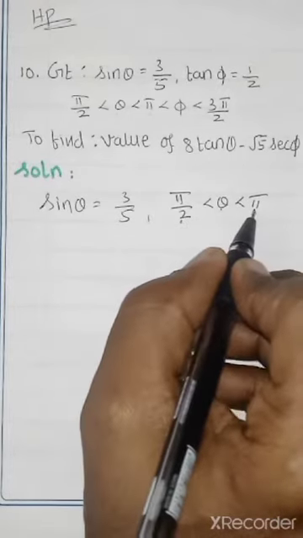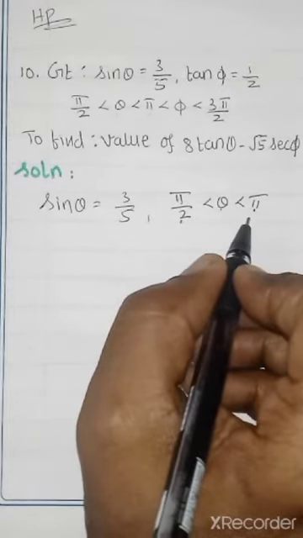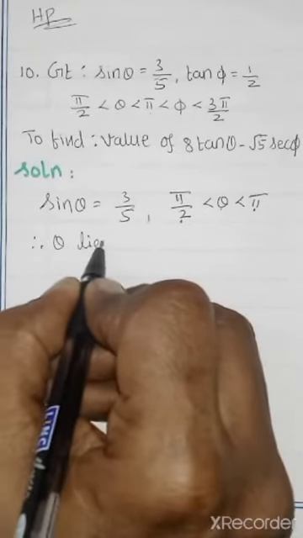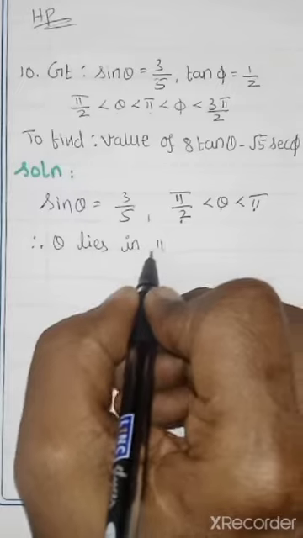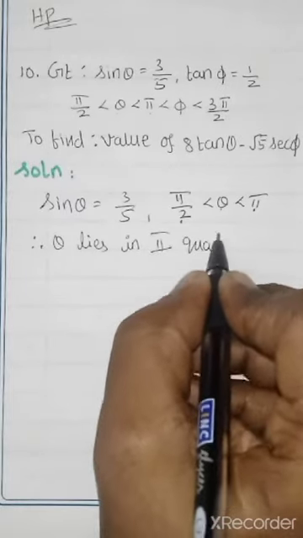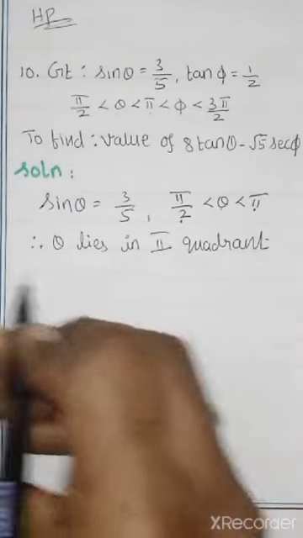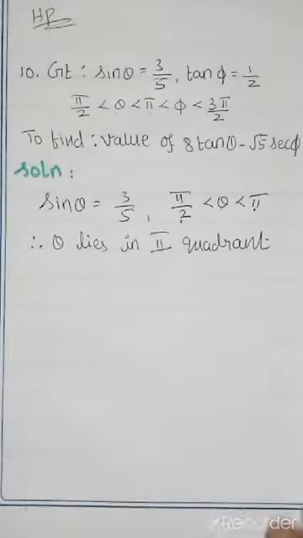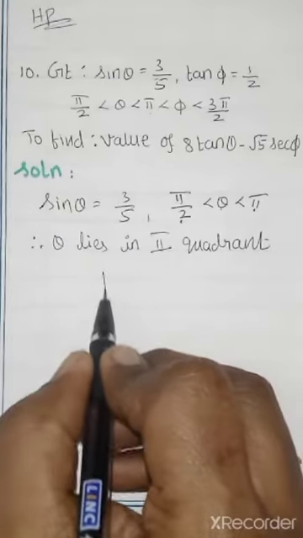So, 90 to 180, that is in your second quadrant. Therefore, θ lies in the second quadrant.